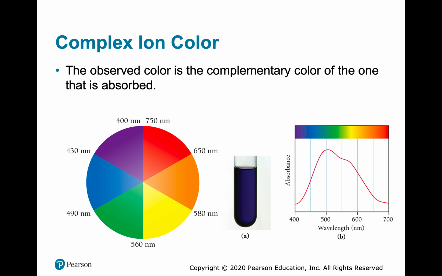Here you have kind of a blue purple color, and if you look at the color wheel, it should be in the blue purple end. This means it should be absorbing more on the yellowish end of the spectrum. And it is kind of in the yellow.